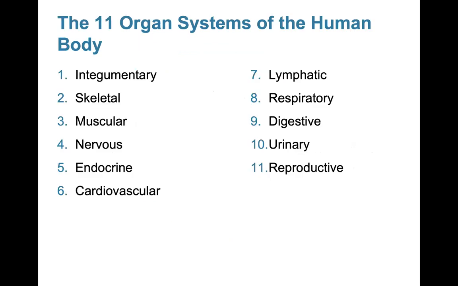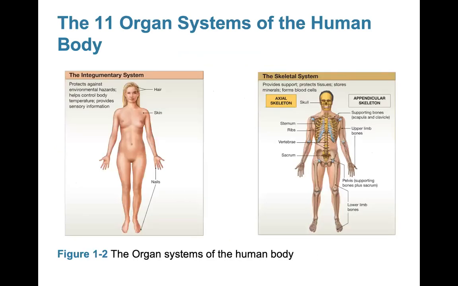So let's look at the 11 organ systems of the human body. We're going to look at each of these individually. And again, at this point in this chapter of the course, you just want a brief overview. So pretty much what you see on these slides, and that's about it, because keep in mind, we're going to have a specific chapter on each one of these moving forward.